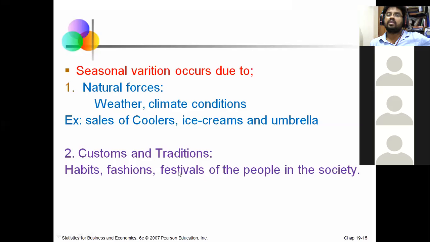And during Dasara, due to some customs or traditions, everyone has to spend some money for clothes. So here the festivals of the people in the society take place. So these are the main reasons for seasonal variations in time series analysis.